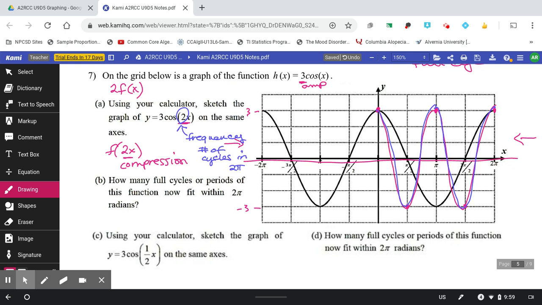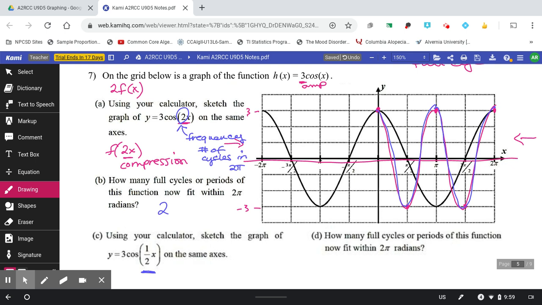And you can do the same thing on the other side, which I'm not going to bother doing. Okay, so how many full cycles or periods of this function now fit into 2 pi radians? That would be 2. All right, using your calculator, sketch the graph of 3 cosine 1/2 x.